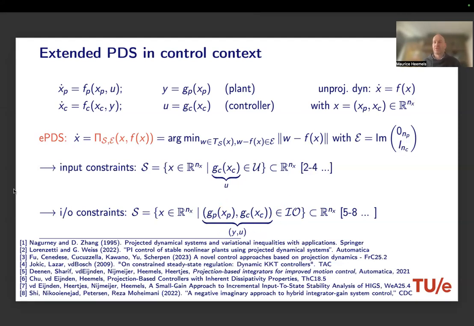IO is a certain input-output set that we are interested in, for instance, for certain performance-enhancing benefits for the closed-loop system. The latter is the particular one that we're interested in, but still we put down this general framework of ePDS, so we try to study it in generality, but many of the things were motivated by constraint sets that involve both plant and controller states.